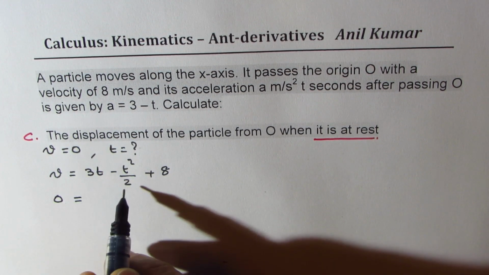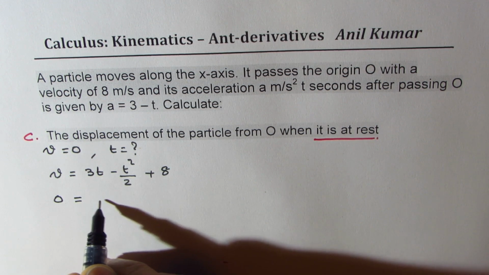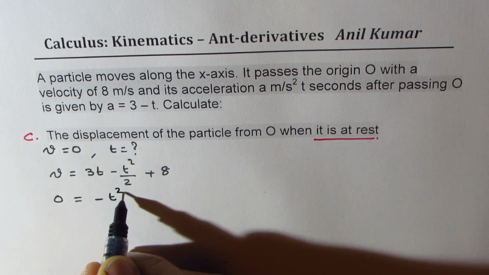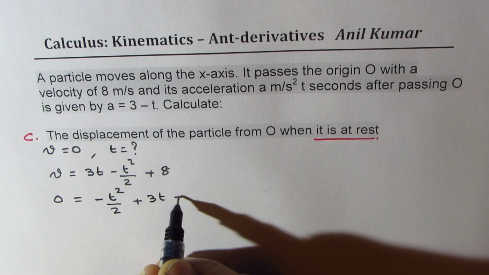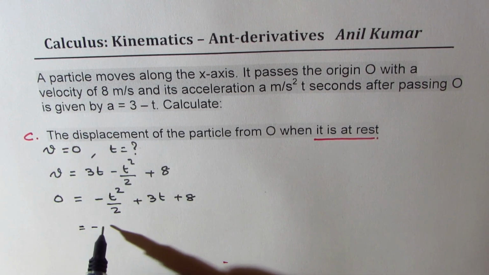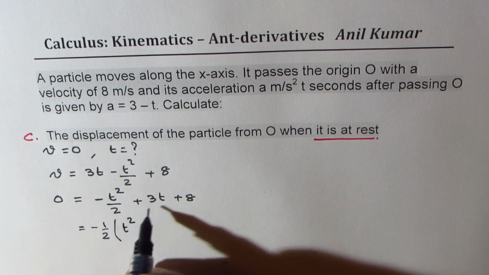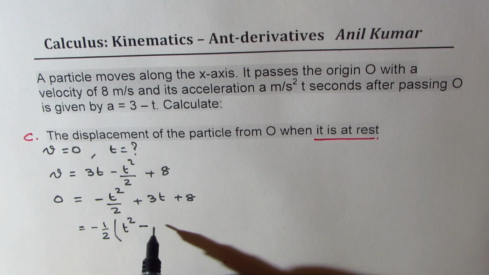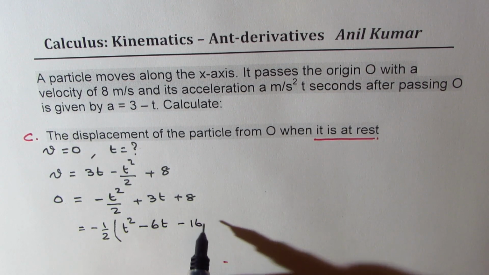Let's rearrange this. Let me do it in 2 steps. I'll write minus t squared over 2 plus 3t plus 8. I'm going to take minus half common. In that case, I get t squared, multiplying this by 2, negative sign, 6t and minus 16, right?